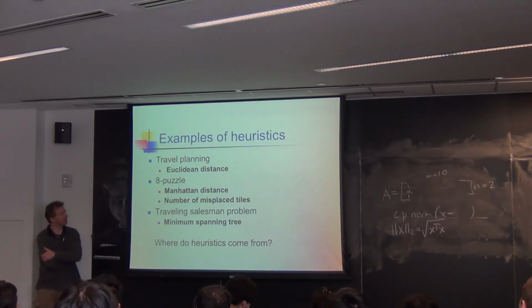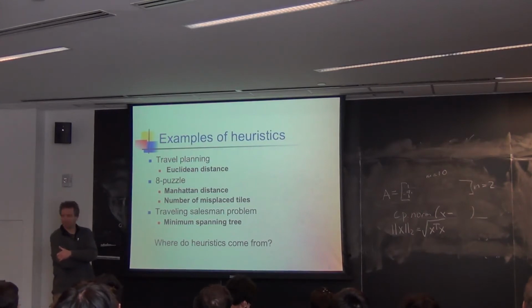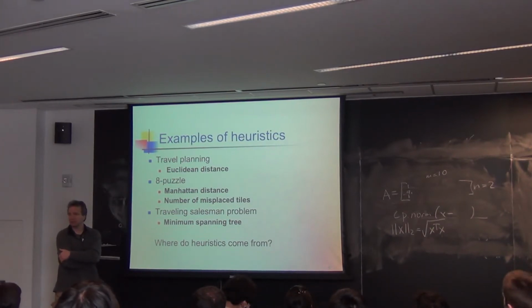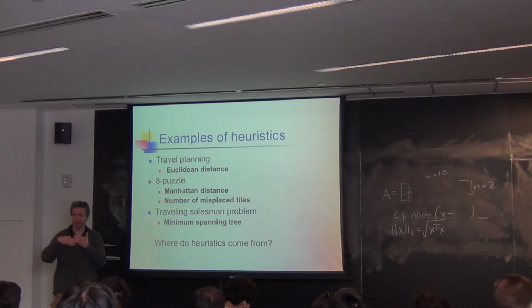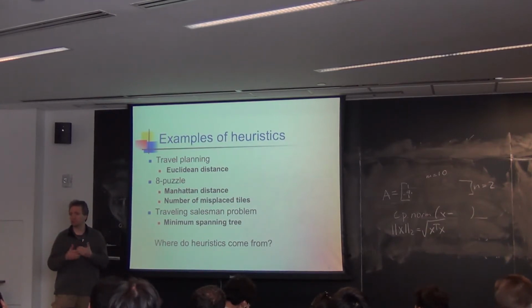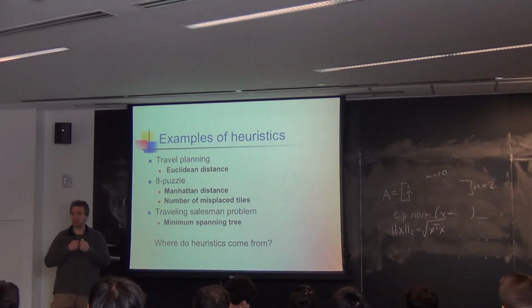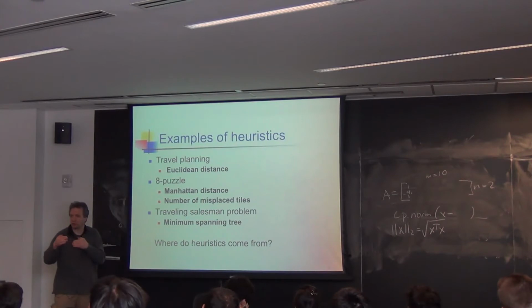Some types of heuristics that we've seen, I think Zico talked about them, and I talked a little bit about them. You have Euclidean distance, which is an obvious one. If you're traveling or trying to minimize your distance to a route, one of the easiest ones to use is to ignore the roads and just ask what's the shortest distance from me to that location. That way, the frontier I'm moving keeps getting closer, as the crow flies, with that straight line distance.